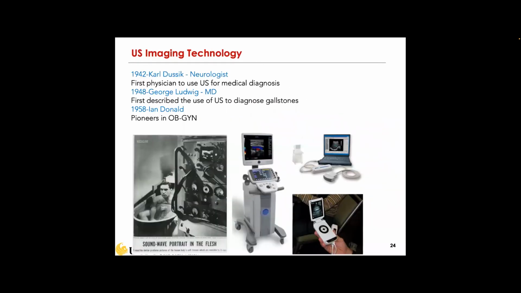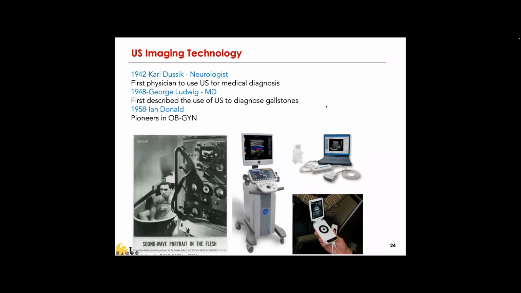Later, ultrasound imaging technology began to be used for medicine, right? In 1942, Carl Dussik, a neurologist, was the first physician to use ultrasound imaging for medical diagnosis. In 1948, George first described the use of ultrasound to diagnose gallstones, the stones residing in your gallbladder.